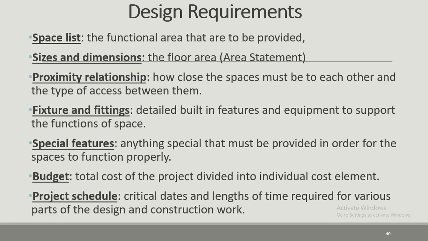Fixtures and fittings: detailed built-in features and equipment to support the functions of space. Special features: anything special that must be provided in order for the spaces to function properly. Budget: total cost of the project divided into individual cost elements. Project schedule: critical dates and lengths of time required for various parts of the design and construction work.